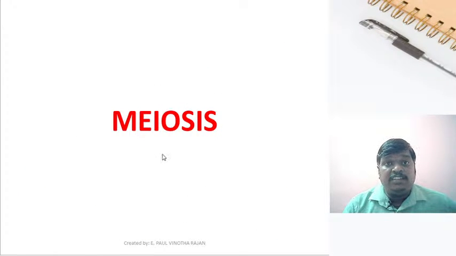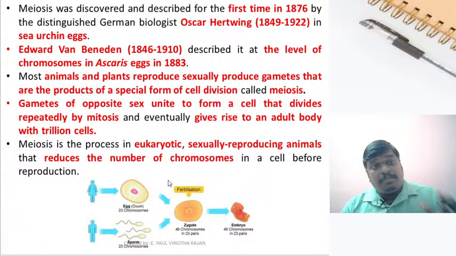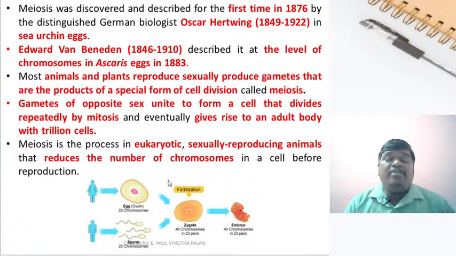This meiosis cell division, as I mentioned earlier, occurs in sex cells, for the formation of gametes. The process is called gametogenesis. That means the formation of gametes is known as the gametogenesis process.